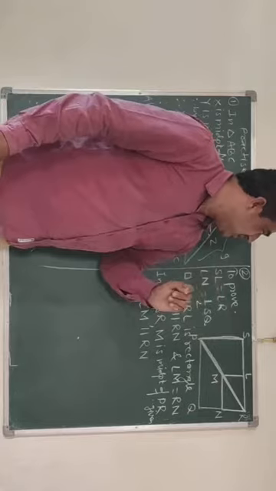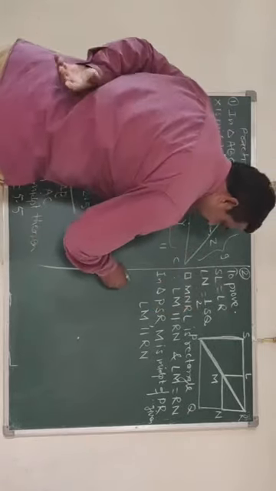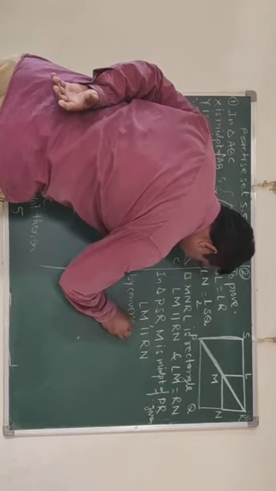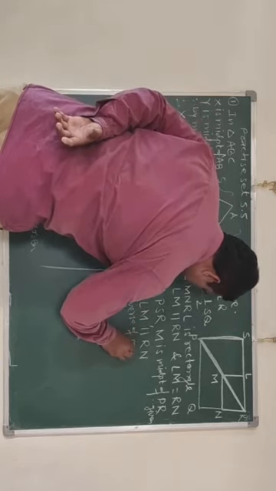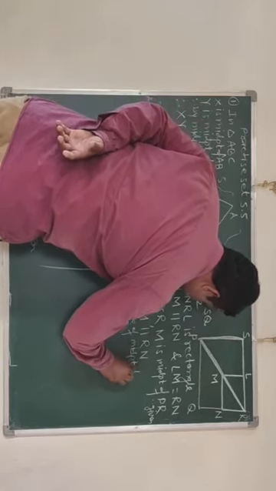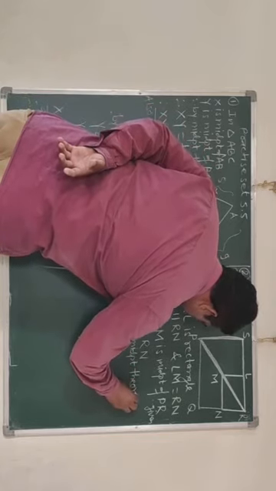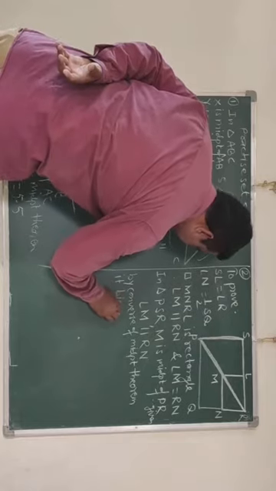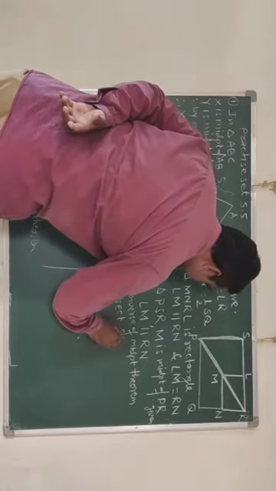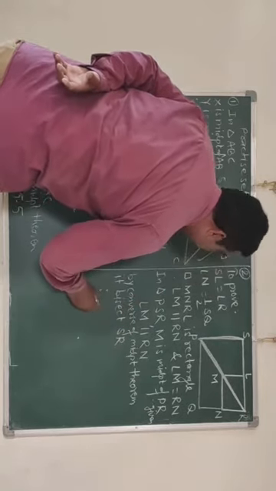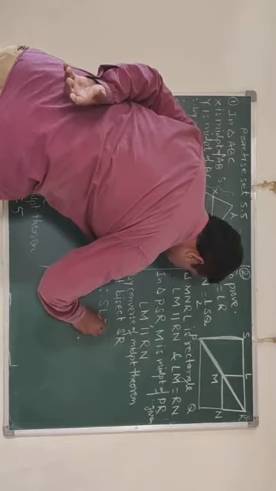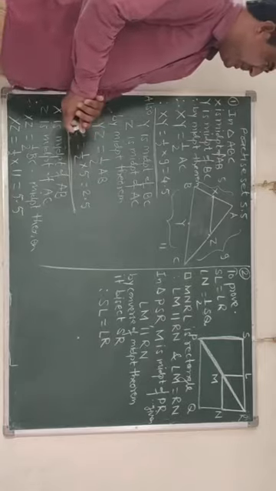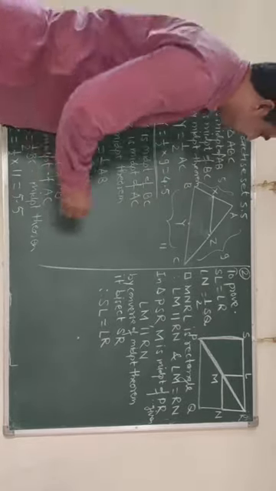So this LM, by converse of midpoint theorem, bisects the third side. Therefore, SL equal to LR.